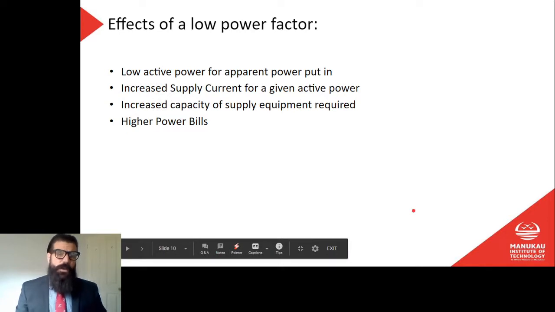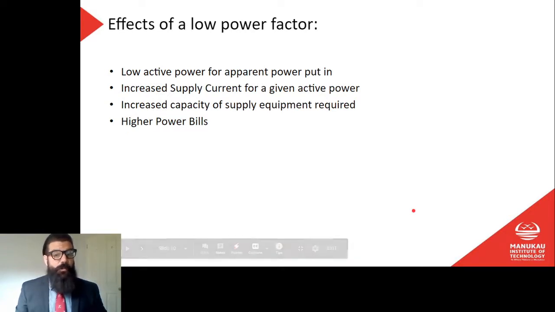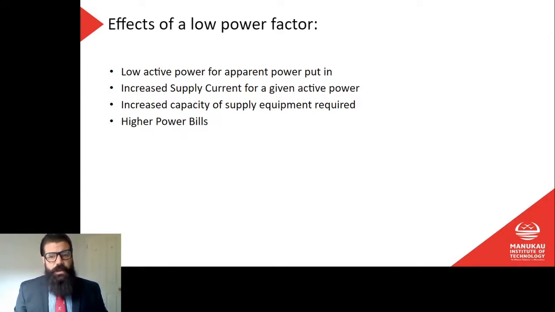So the effects of low power factor is low active power for apparent power put in. So that means I'm not utilizing all the power that I'm paying for. Increased supply current for a given active power. So to get a certain amount of power, if I need 2 kilowatts to power my thing, and I've got a low power factor, then I'm going to have a high apparent power compared to my true power, and my supply current therefore will be much greater than it should be for the power that I actually need.